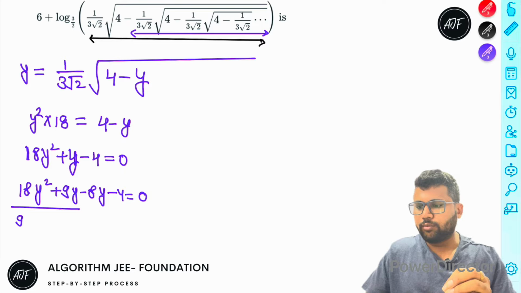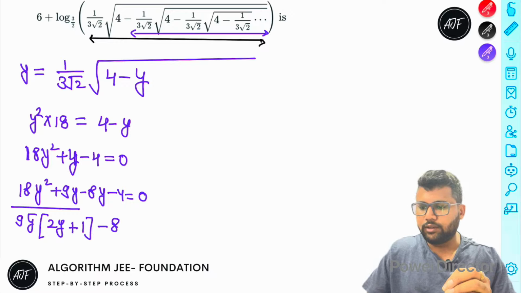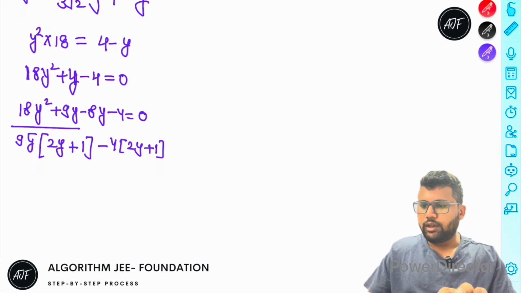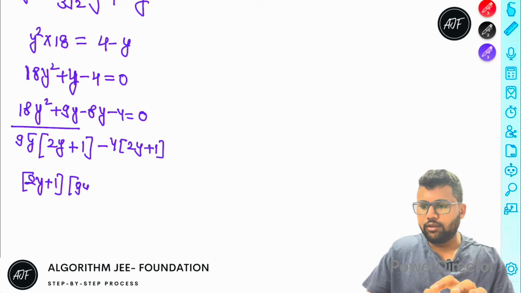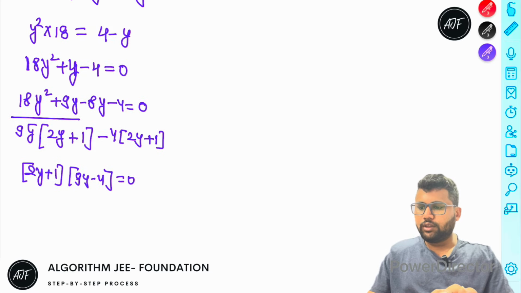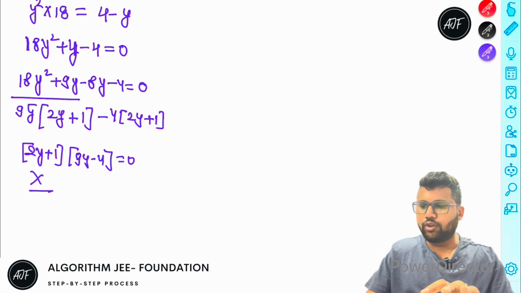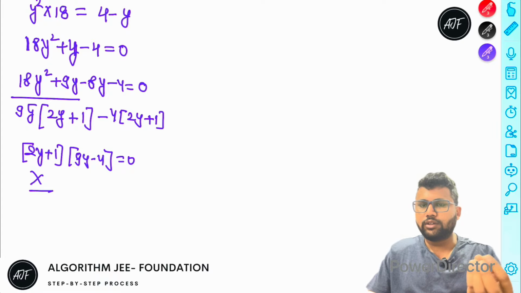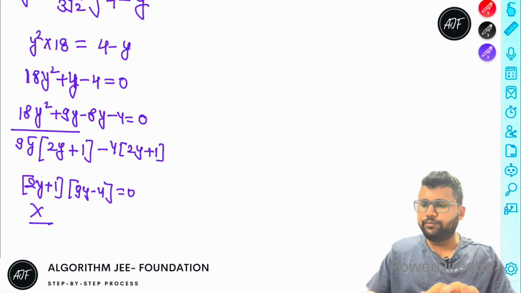Now 9y is common, so the remaining is 2y plus 1, and 4 is common, so 2y plus 1. So 2y plus 1 is one factor, and 9y minus 4 is another factor. Okay, so there are two factors. The first one is not possible because a negative value cannot be a square root value. So y is equal to 4 by 9.